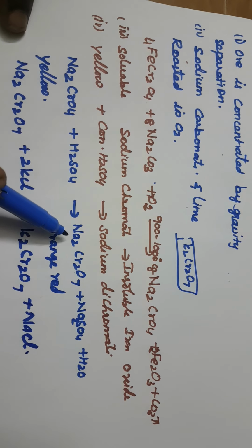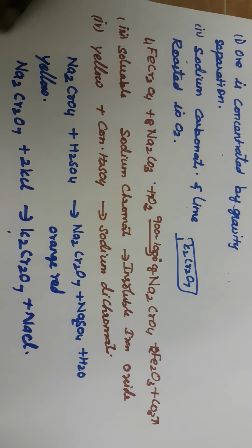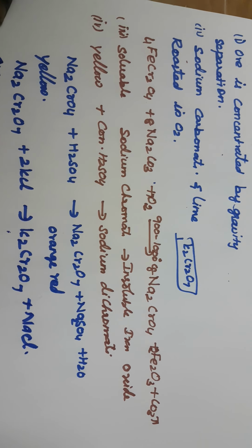This is sodium dichromate, this is potassium dichromate. Sodium dichromate reacting with potassium chloride is converted into potassium dichromate. This is orange red, this is also orange red.